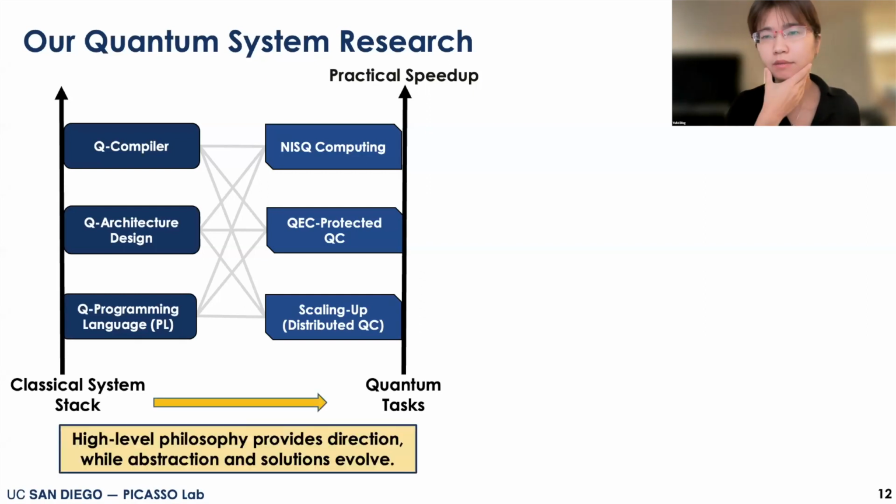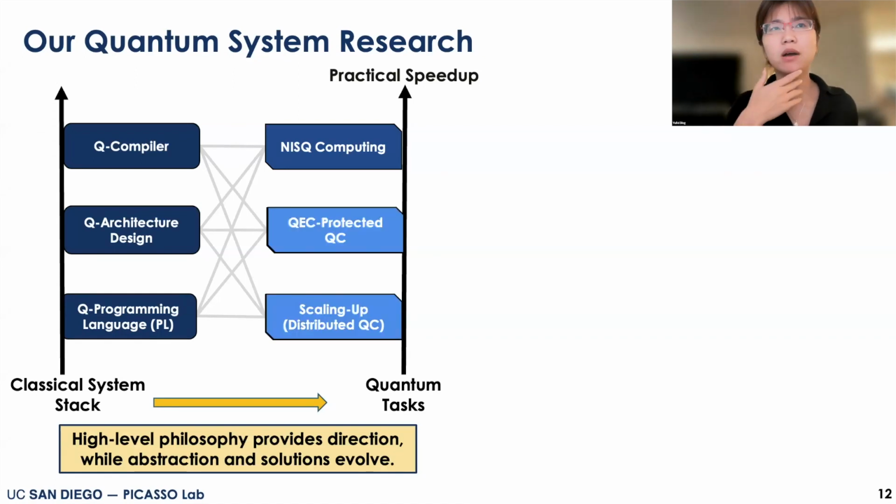After working on this kind of research for a few years, I found that a lot of classical high-level philosophy still works, and it even provides a direction for optimization. But if you want to work on quantum computing, you have to understand the details, because low-level abstractions and solutions will evolve.